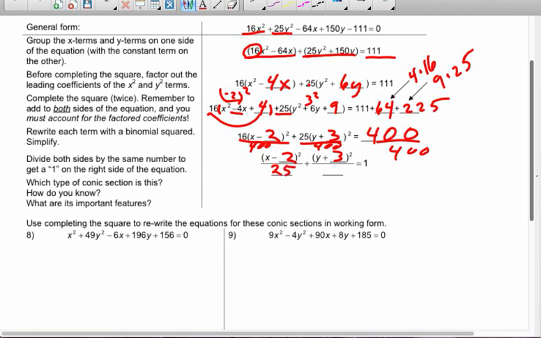And you should start seeing a pattern here if you pay attention. And then 25 over 400 is 16, equals 1. So this is an ellipse.